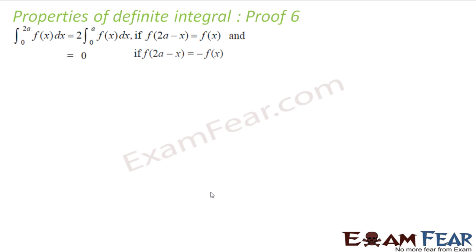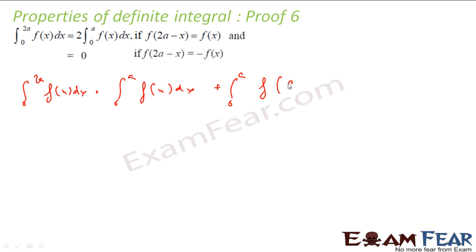So this guy is a pretty simple derivative. Actually, this is the outcome of the last derivative. In the last derivative, I told that integral 0 to 2a f(x) dx is nothing but integral 0 to a f(x) dx plus integral 0 to a f(2a minus x) dx, right?